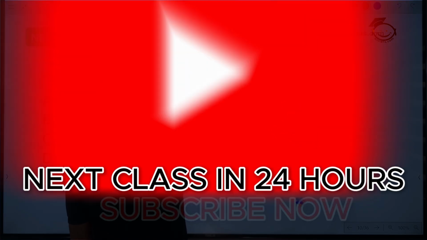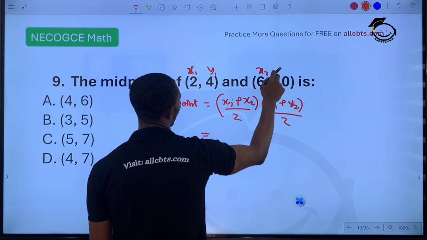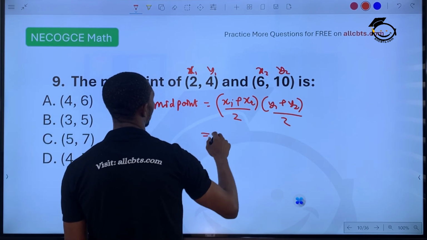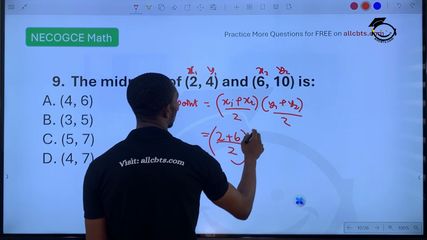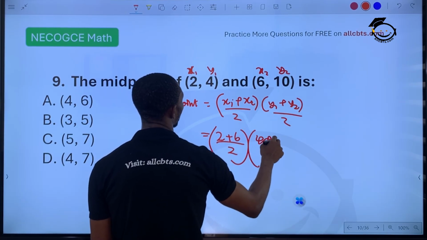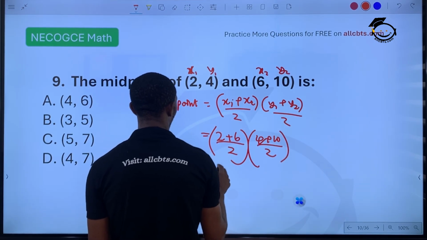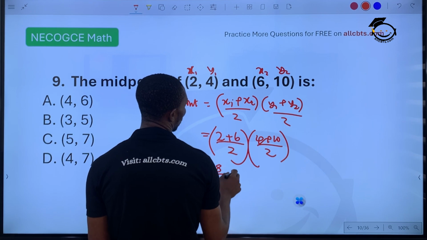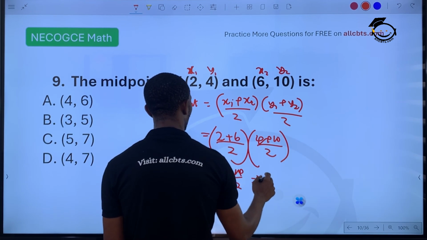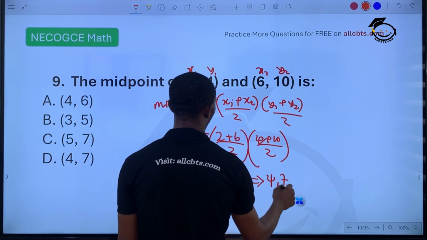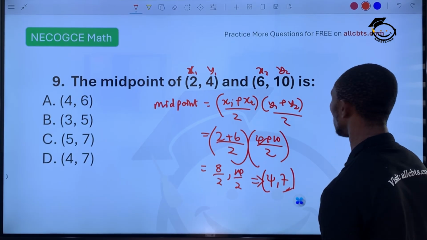So here is our x1, y1, x2, y2. So this is 2 plus 6 over 2, 4 plus 10 over 2. So this is 8 over 2 and 14 over 2, which when broken down is 4 and 7. So our midpoint will be (4, 7).